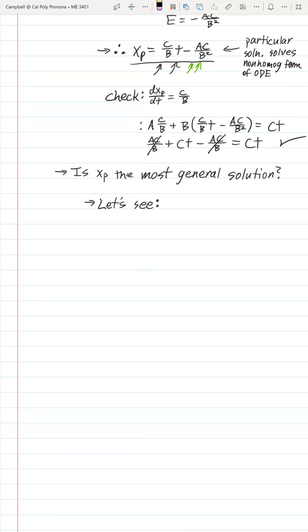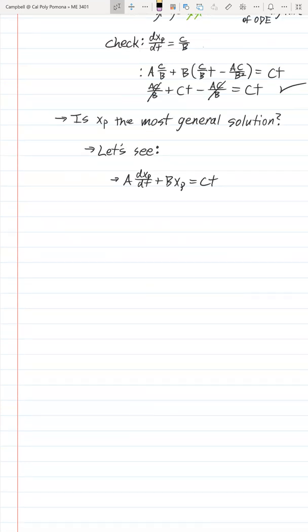And again, I'm going to approach this from a bit of a conceptual perspective. So we started with a times dxp/dt plus b times xp is equal to c times t. Now, we already showed that that solution works out, so we have no issues there. But let me ask you, can I go ahead and add 0 to this expression?